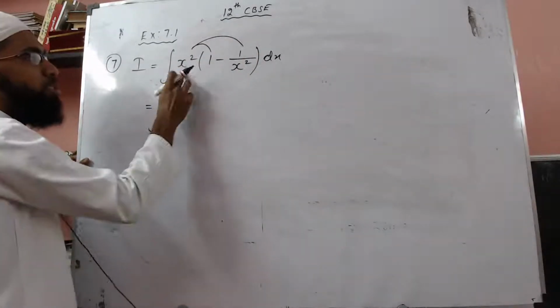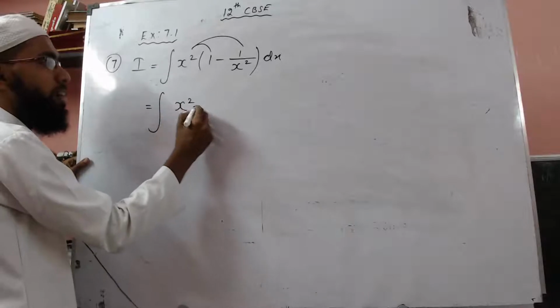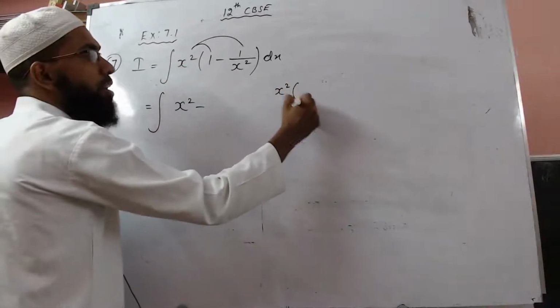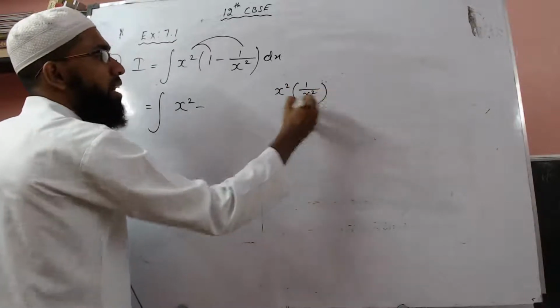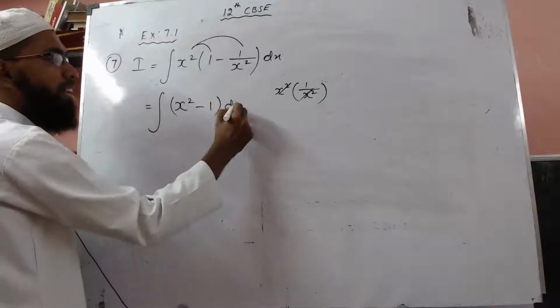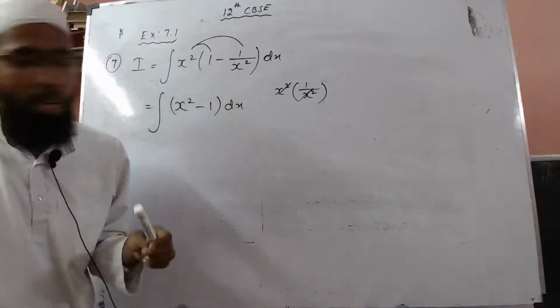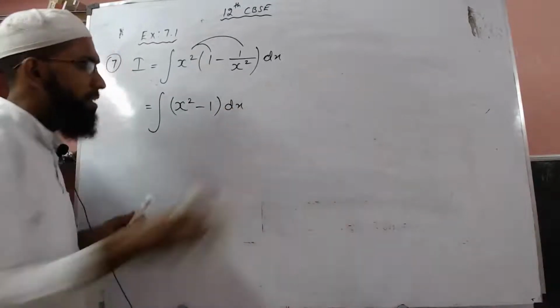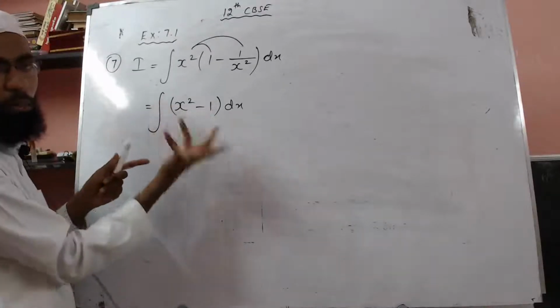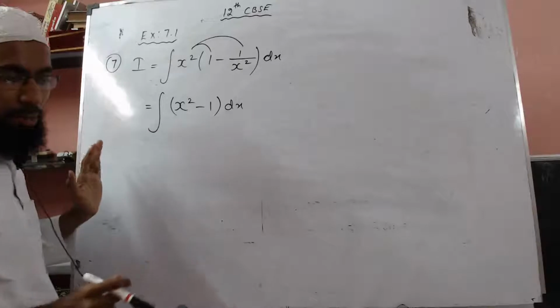So I get x square into 1, x square, minus x square into 1 by x square. The x square cancels, so 1 is left out. So the integral of x square minus 1 dx. It is not a product of two terms now. It is a single term.